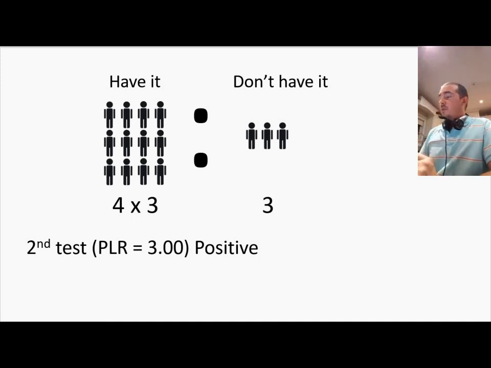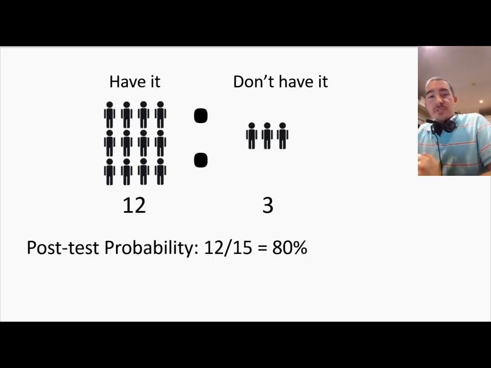In that case, we once again say, okay, for every 15 people that look like this patient, 12 in fact have a neuropathic pain problem. Once again, we can calculate our probability, and in this case now it's 80%. Not bad. 80% positive, I'm feeling pretty good about that.